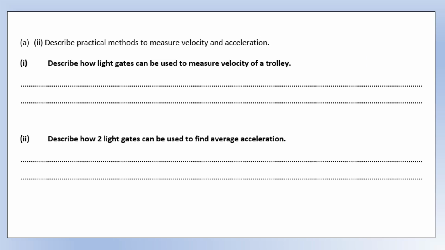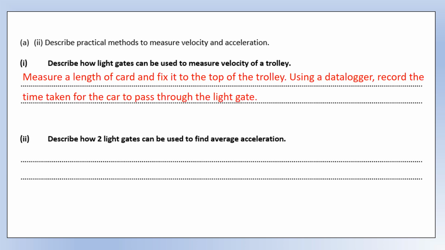Okay. So now we're going to start thinking about how we can actually make measurements of velocity and acceleration. Often we use a light gate as a way of measuring velocity and acceleration. First we'll look at how we can use them to measure velocity. What we can do is measure a length of card and fix it to the top of the trolley, making sure all of the card is going to go through the light gate.